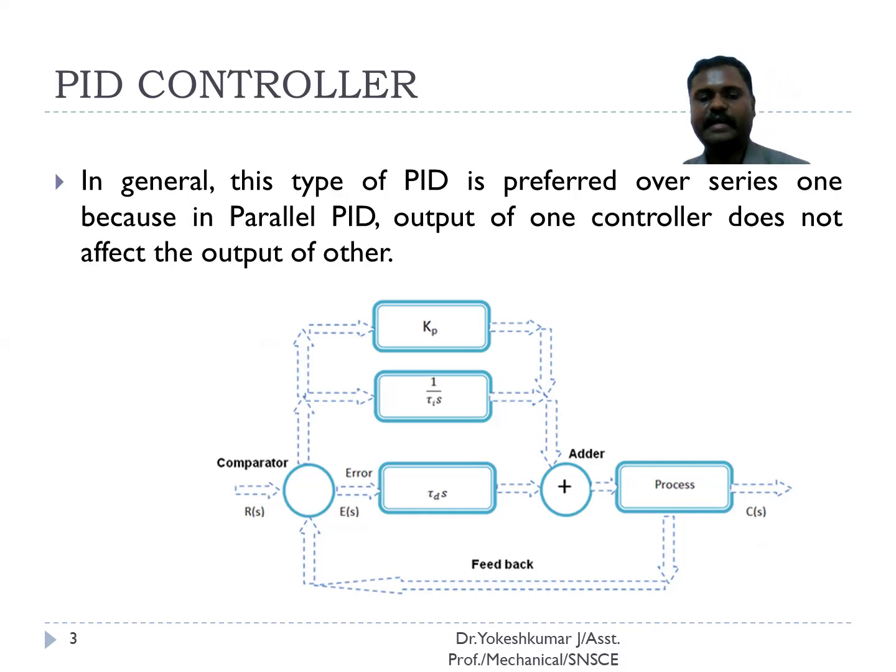Each mode has distinct characteristics, and the outputs of these three modes are collected by an adder. The function of the adder is to combine all the outputs and produce an output signal which is proportional to the summation of the error signals received by the integral controller, proportional controller, and derivative controller.